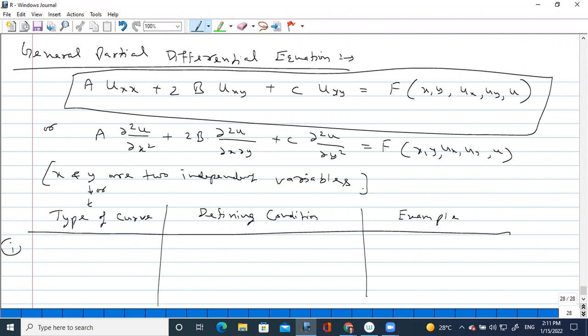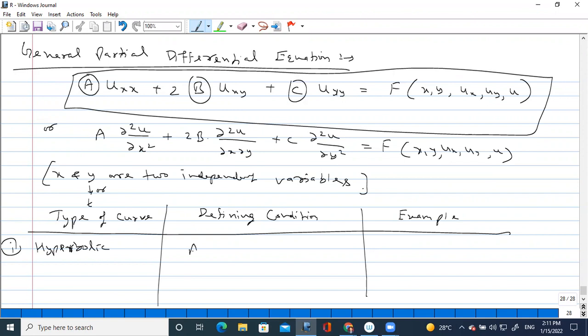Number one, the type of curve for which we are having the equation, suppose it is hyperbolic. Here the defining condition is given by seeing these coefficients.